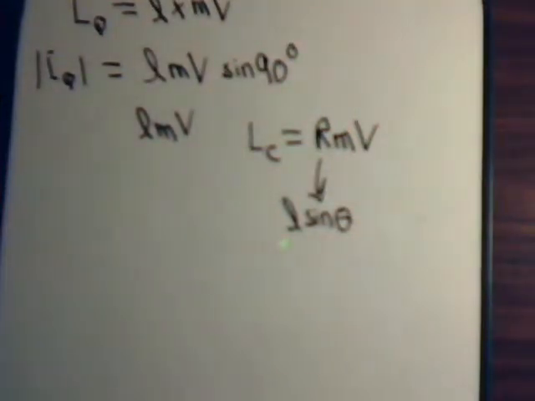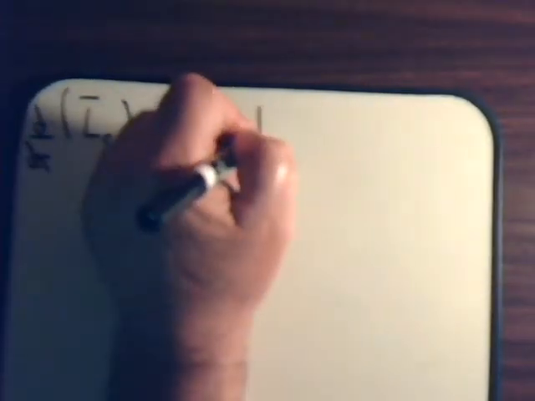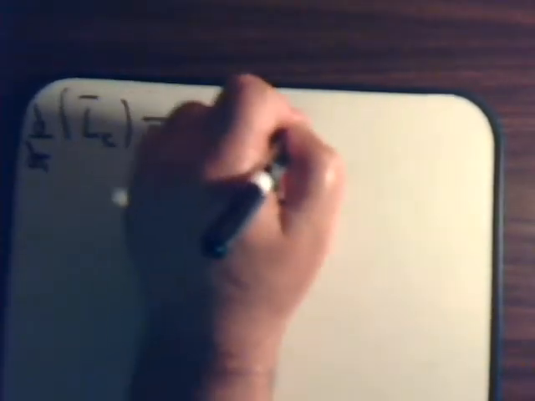So in the last video, when we were considering angular momentum with respect to point C, that was conserved. And we found that indeed the torque about C, that was 0.